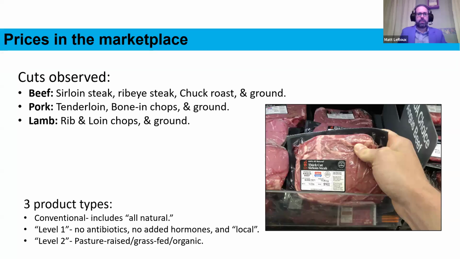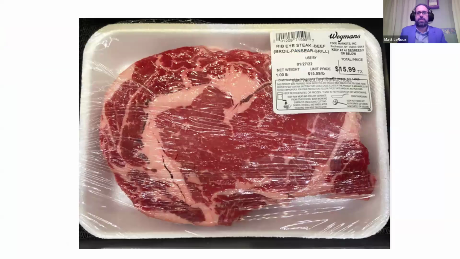And then we get into the price reports. This is an example just so you could see what we were looking at. We're going to look at the unit price, which is the smaller number there. It happens to be identical to the total price, but you want to look at the unit price when you're observing prices. This steak would have been categorized as conventional because there's no label claims about production.